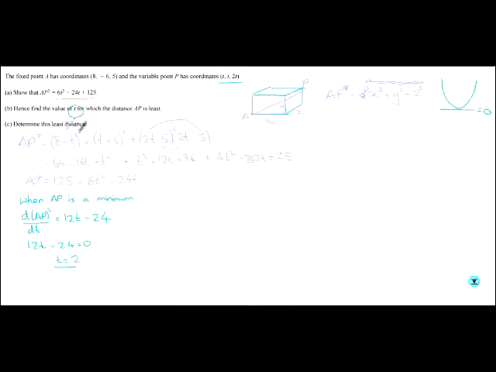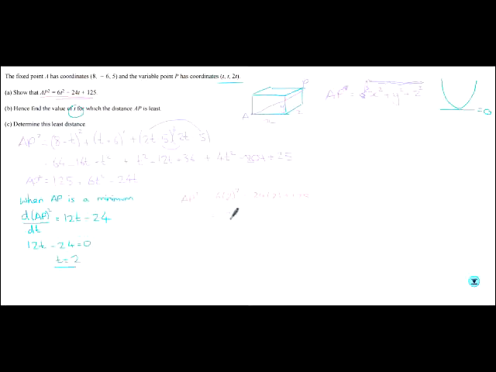Now determine this least distance, so let's use this to find this least distance. I'll do this in pink to show it's part C. We're just going to pop it straight into this. So AP squared is going to be 6 lots of 2 squared minus 24 lots of 2 plus the 125.